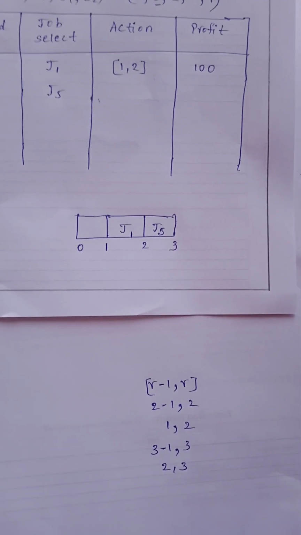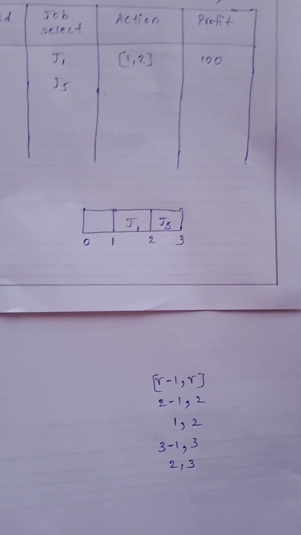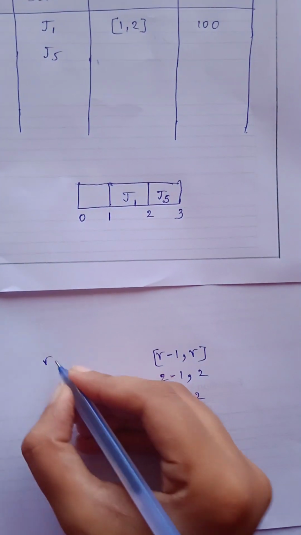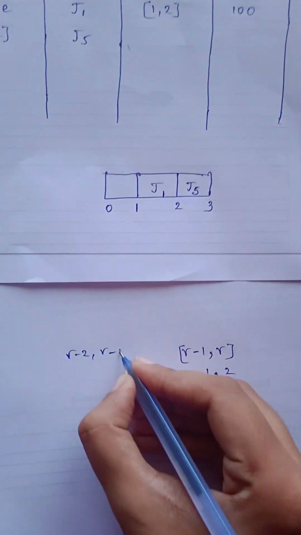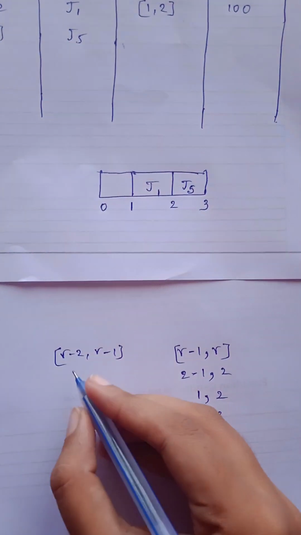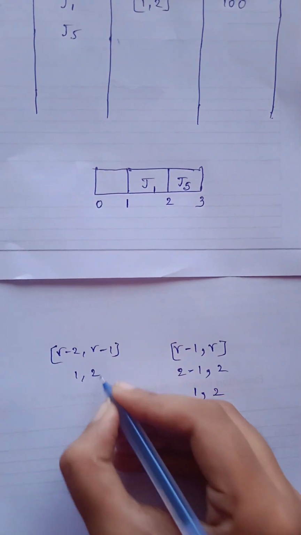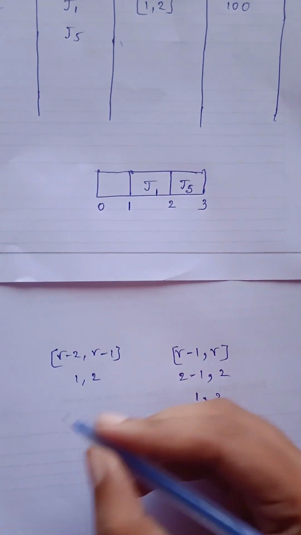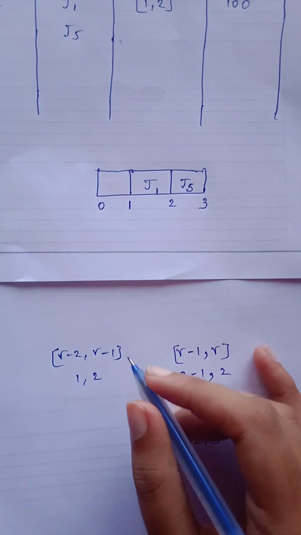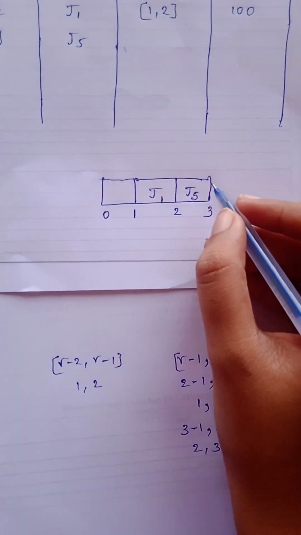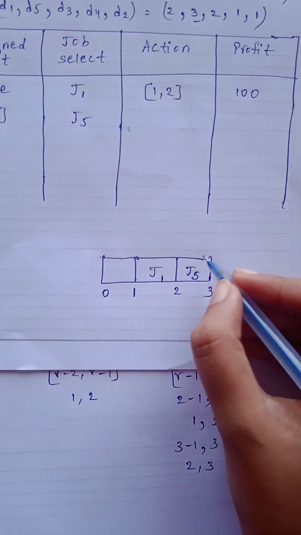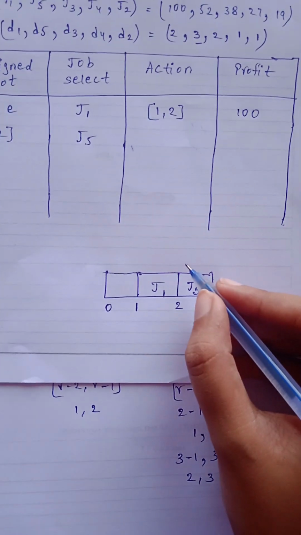Suppose 2 comma 3 is already occupied, then we use r minus 2 comma r minus 1, which means 1 comma 2. Likewise we have to check one by one, but here the slot is free. Now the 2 comma 3 slot is assigned.